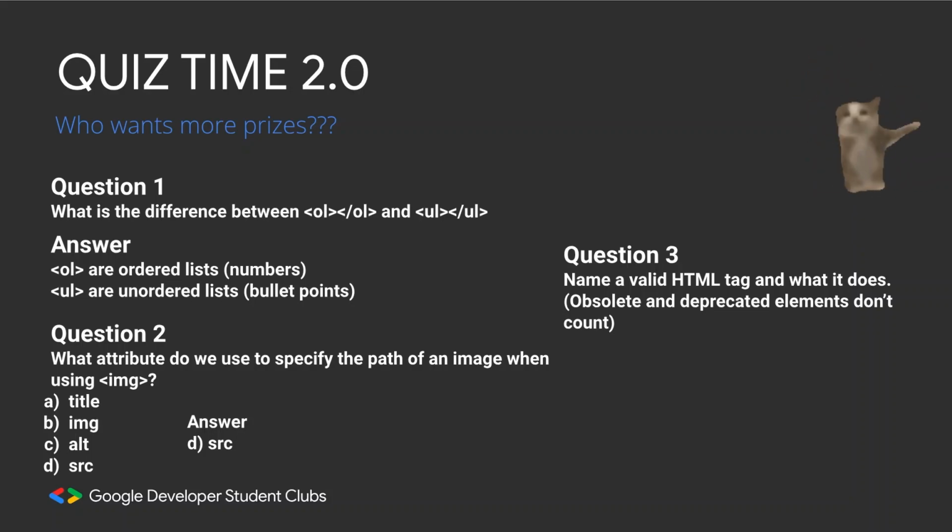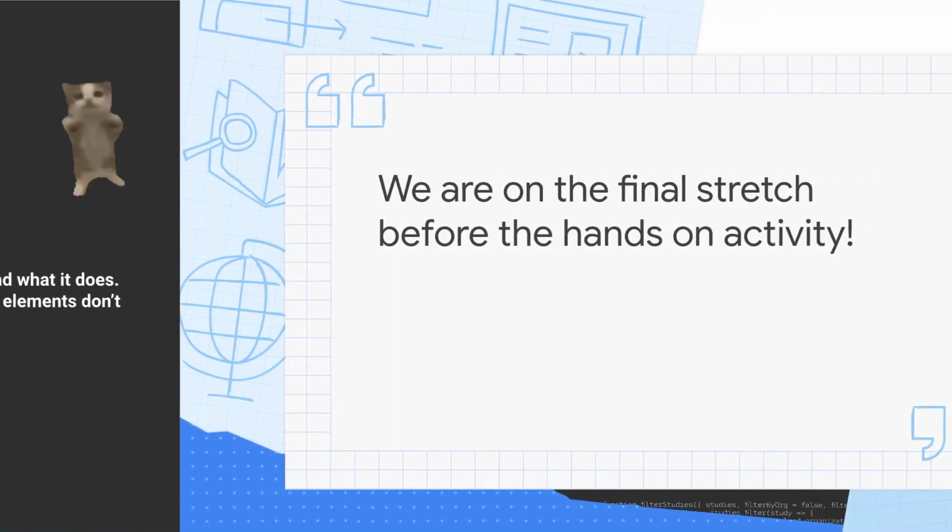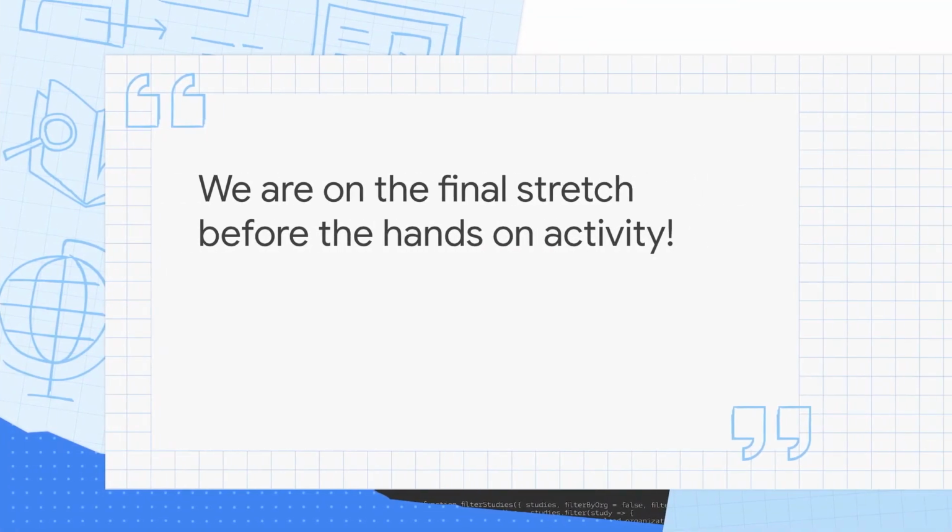Paragraphs, you want to have text for your website. If you want a sticker, you can go get one. There are more stickers in that box. Okay, let's go to the final stretch before the hands-on activity.